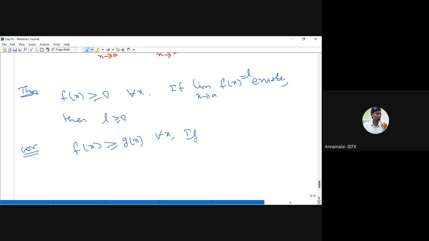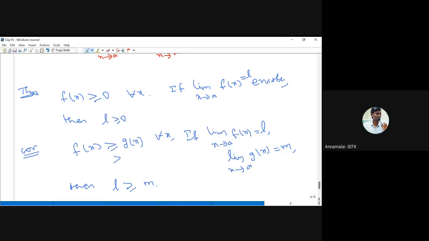That is, if the limit as x goes to a of f of x is some value L, and the limit as x goes to the same point a of g of x is some m, then the theorem says L is bigger than or equal to m. So the limit of f is greater than or equal to the limit of g, if f is greater than g. Even if you take f strictly greater than g of x, the limit is still greater than or equal to m.